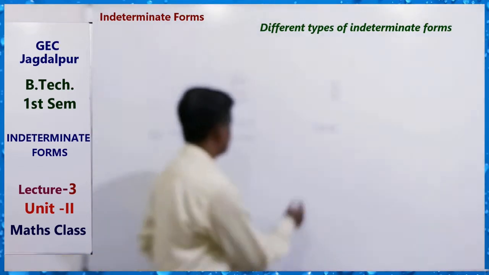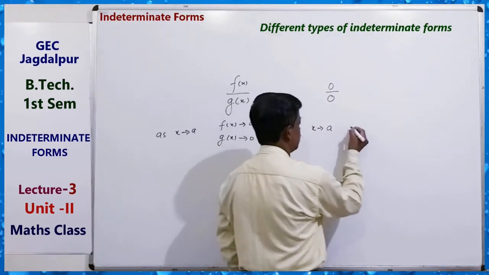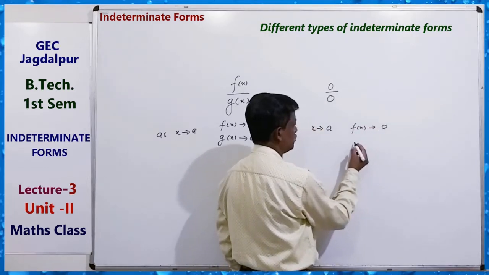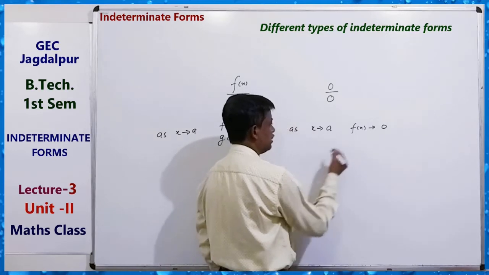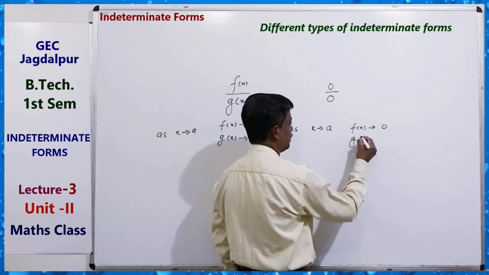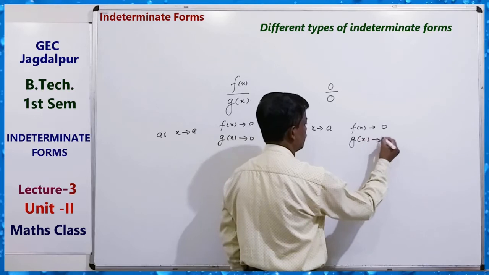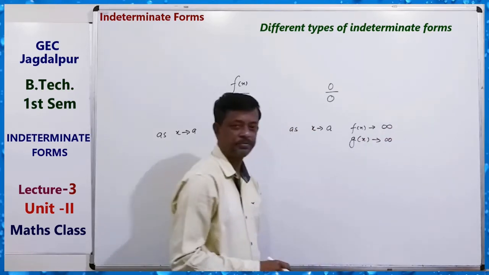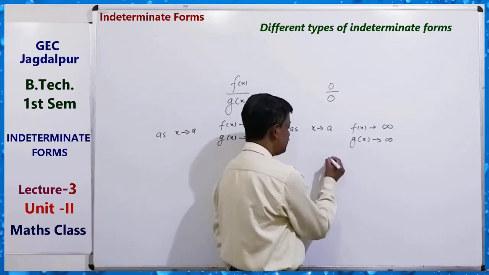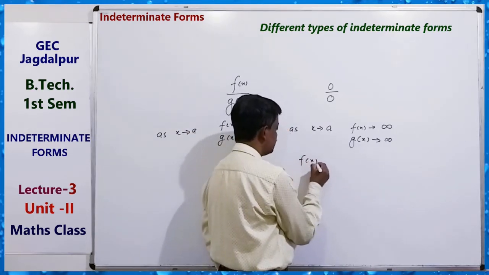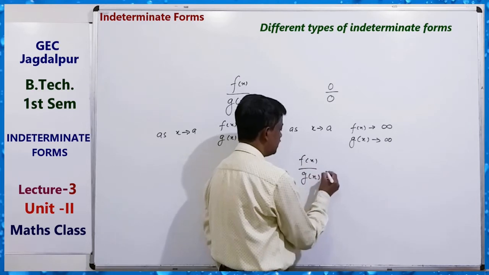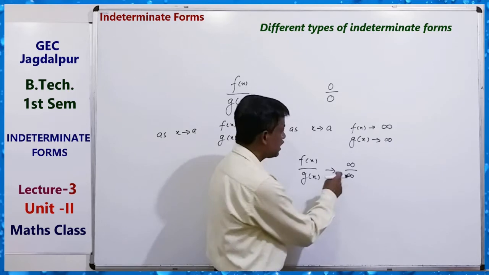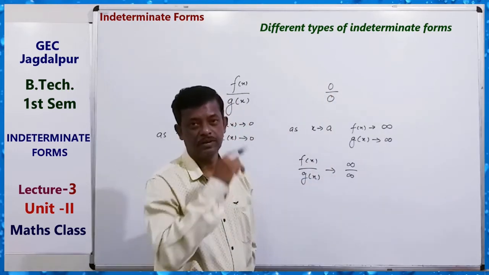And if as x tends to a, f(x) tends to 0, okay, and both tending to infinity, then what will be the format? Infinity by infinity, then f(x) by g(x) tending to infinity upon infinity form. So it can be written also as 0 by 0 form. How?